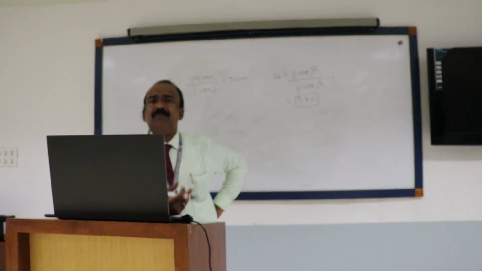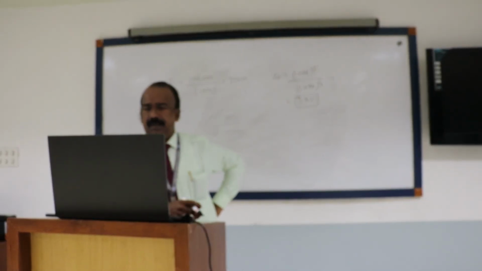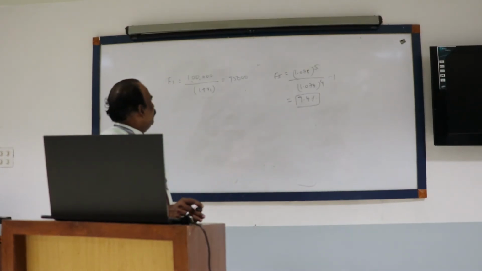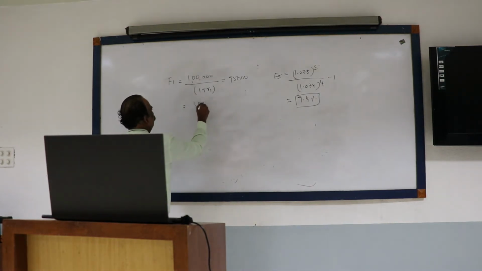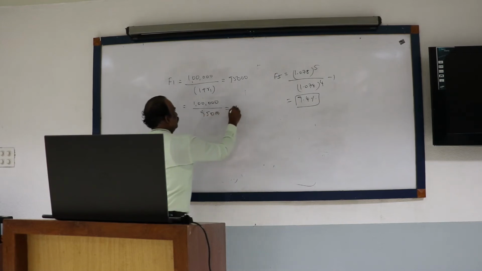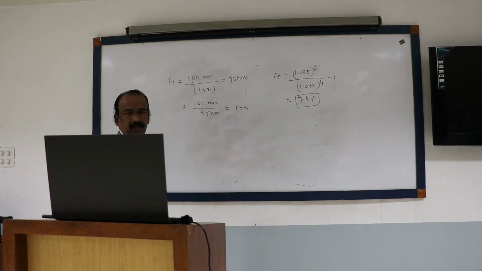Because we have to calculate the present value. So 1 lakh divided by 1 plus R1 is equal to 95,000. That means 1 lakh divided by 95,000 is equal to 1 plus R1. So 1 lakh divided by 95,000, how much?